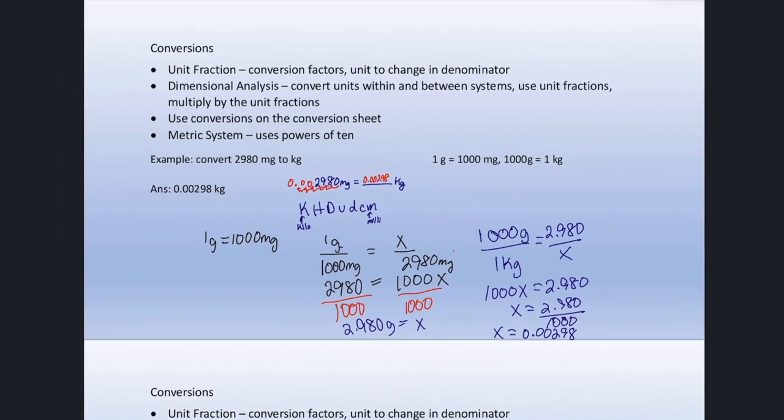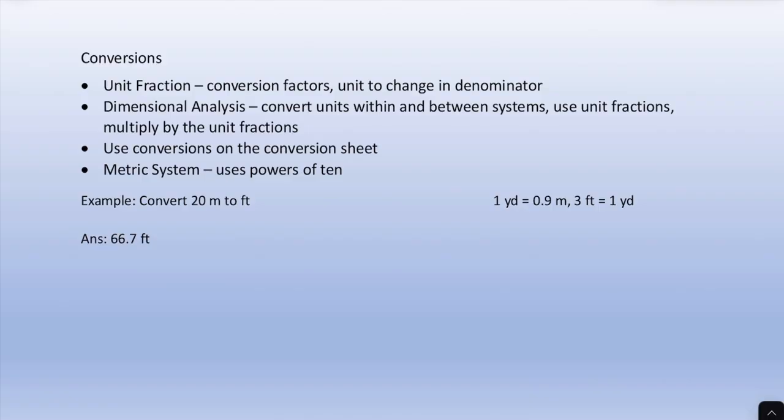Okay. Here's another one. This time we're going to convert 20 meters to feet. Now, if we go from meters to feet, the metric conversion from meters to yards, we're going to use that first, and then we'll use feet to yards. Okay. So 20 meters is how many yards?